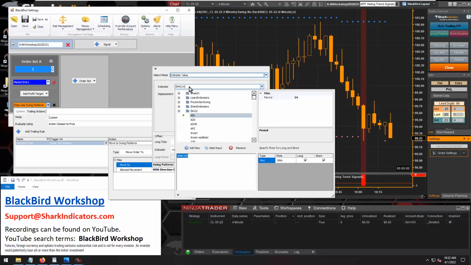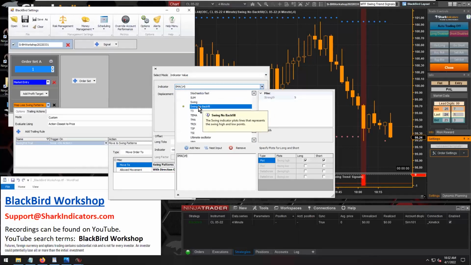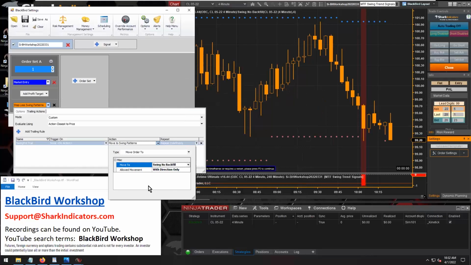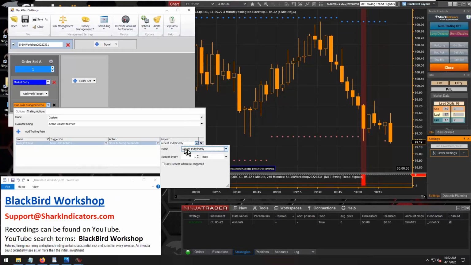Then for the indicator, open that up and scroll down to the swings. There you go. Select the swing no backfill, adjust the swing strength down to 4, and then select the correct plots like so. The repeat is already set to indefinitely and once per bar.